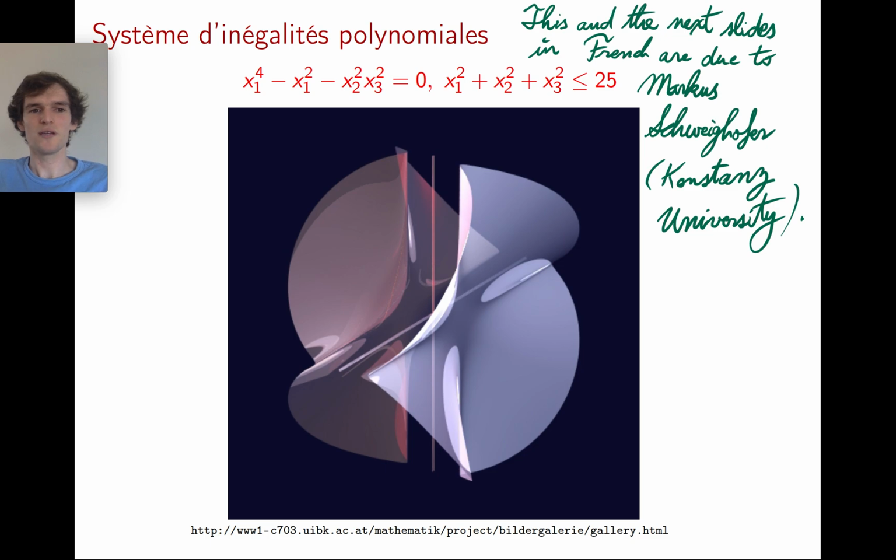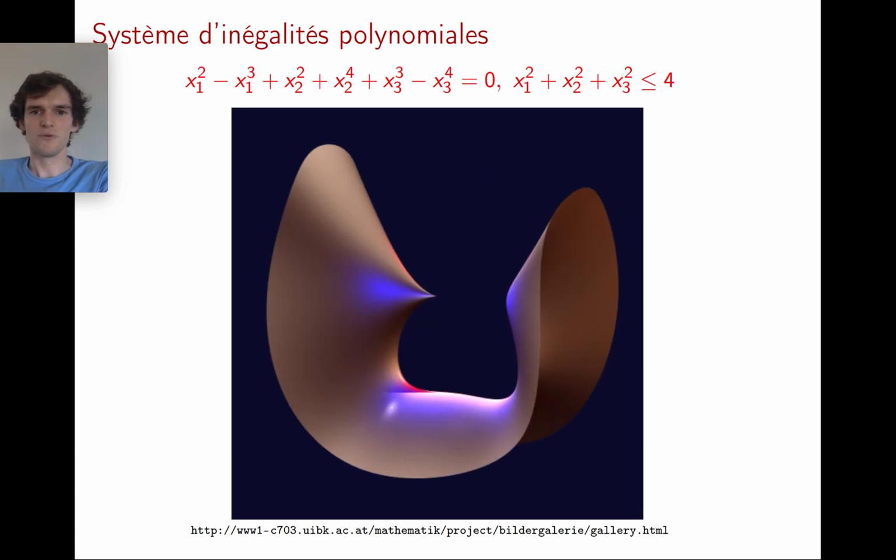So notice how you can really model very diverse geometric objects using just polynomials. So right here, you have 3 variables, one equation and one inequality, and you can see the high level of non-convexity you can model using that. Another really beautiful example is this one here.